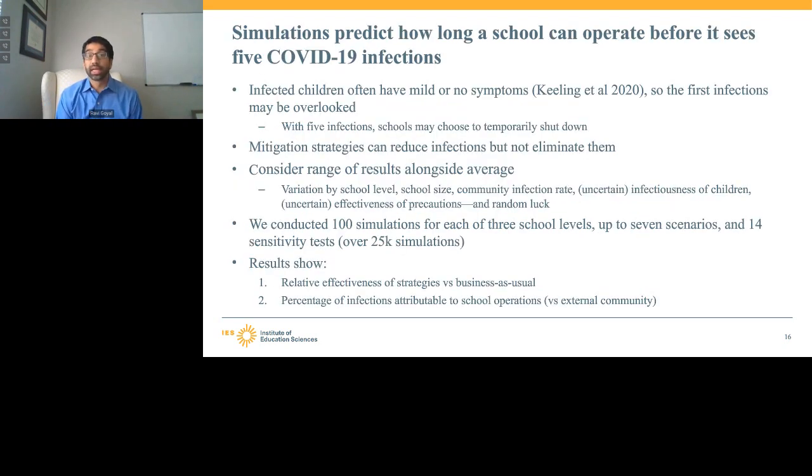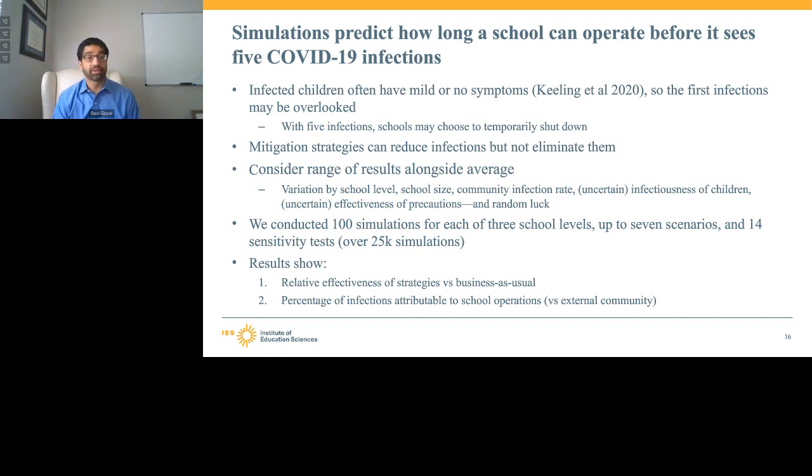We use the simulations to predict how long a school can operate before it sees 5 COVID-19 infections. Why 5 infections? Infected children often have mild or no symptoms, so the first couple infections may be overlooked. 5 infections may also be an indicator that schools may choose to close temporarily.